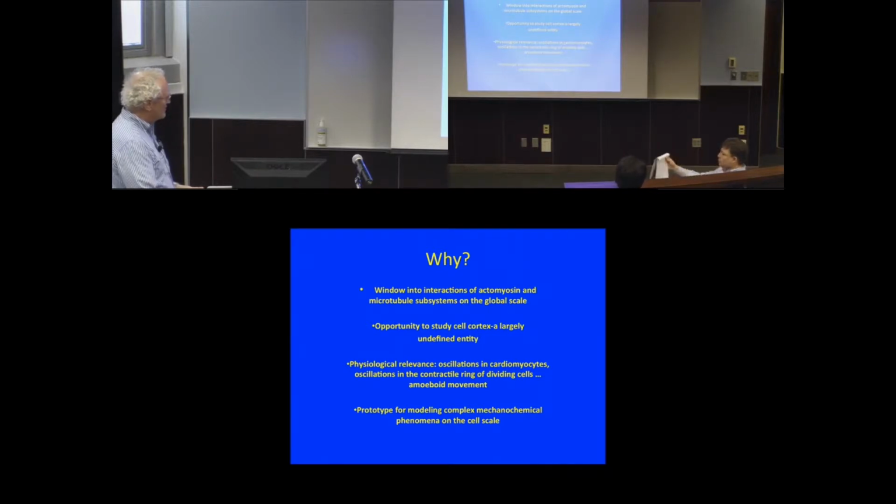This is probably a bit far-fetched, oscillations in cardiomyocytes, but there are oscillations in the contractile ring of dividing cells. And also, we feel it might be a tractable model for a certain type of amoeboid movement. And in general, it's a prototype for modeling complex mechanochemical phenomena on the cell scale.